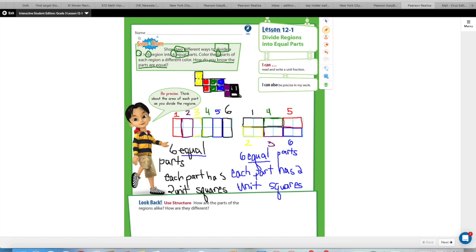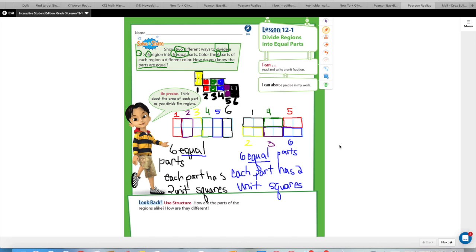So we have 6 equal parts. Each part has 2 unit squares. It looks completely different from the other 2 regions that we just looked at, but it still can be divided into 6 equal parts.